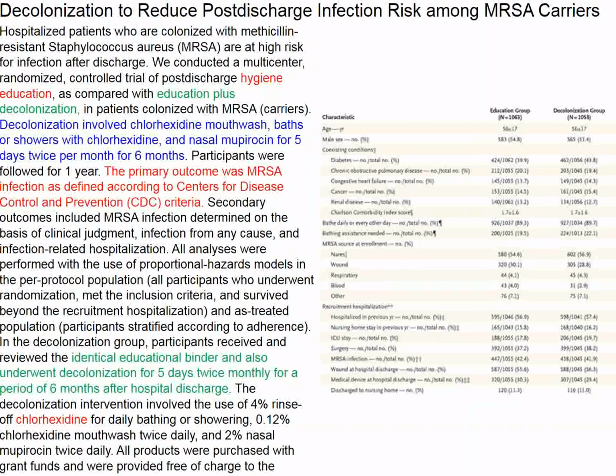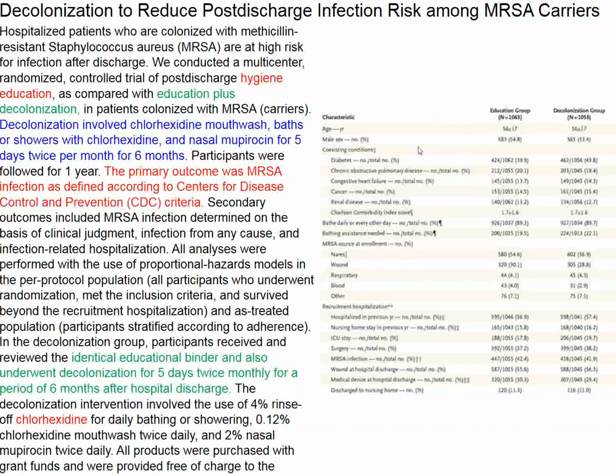This hypothesis was tested in a large multi-center randomized controlled trial of these patients, and they were randomized to either education alone or education plus a fairly aggressive decolonization regimen, which requires a lot of effort and which was certainly not inexpensive. So here are the patients.